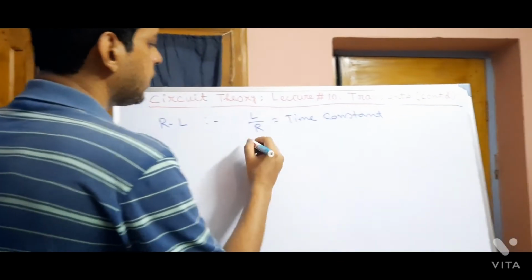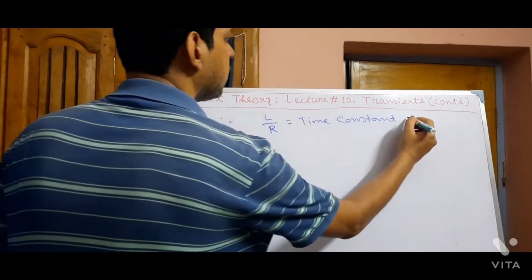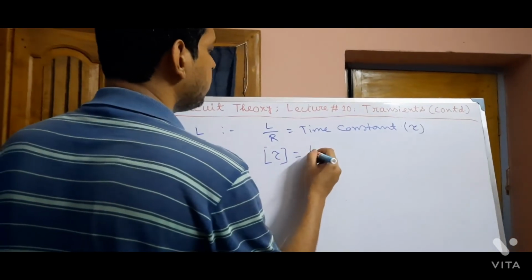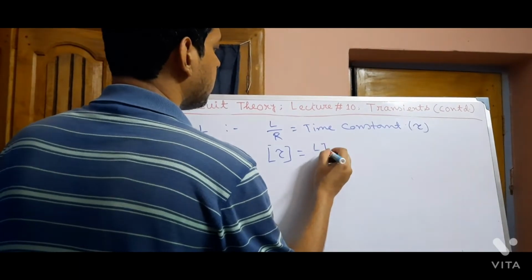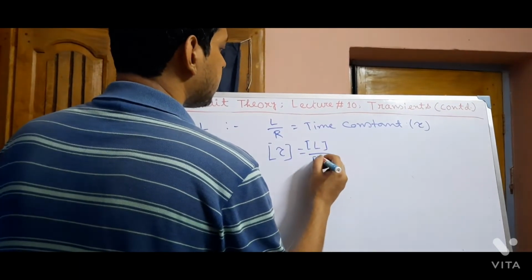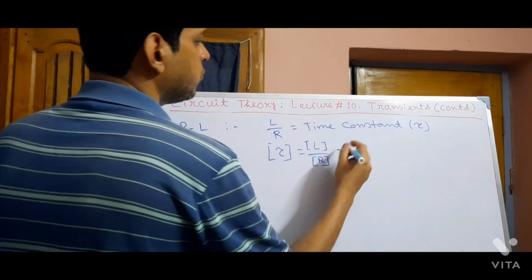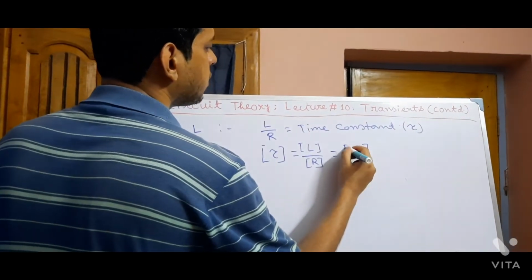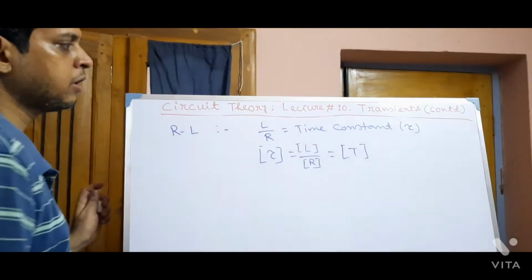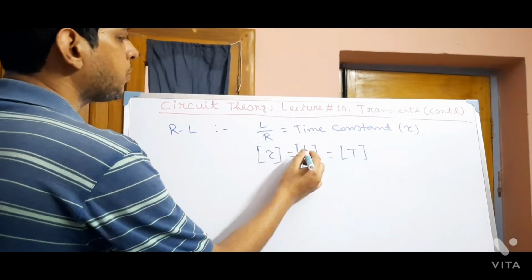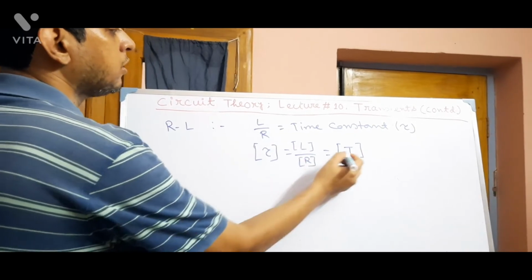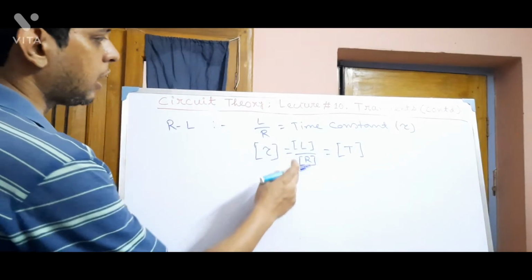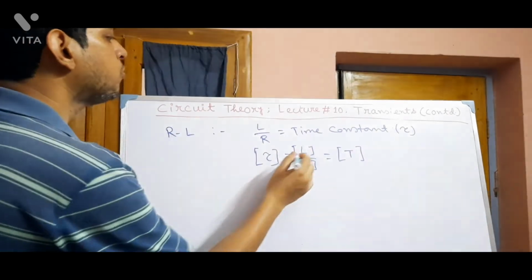So the unit of tau equal to what? The unit of L by R. So we know that the unit of time is second. Now the unit of L by the unit of R equal to the unit of time. How you can prove this one?